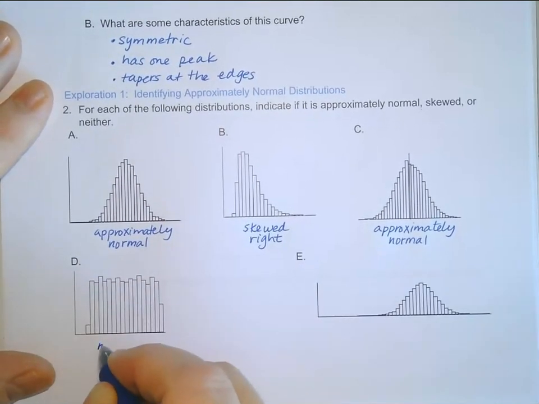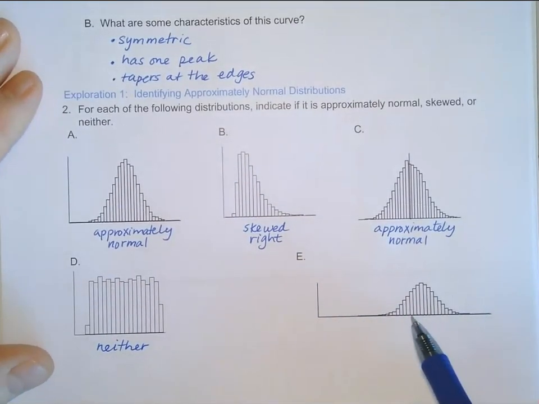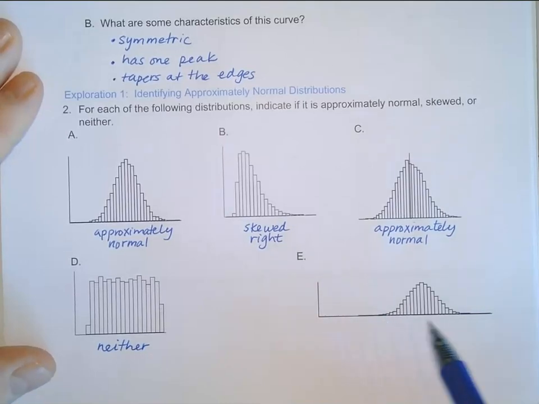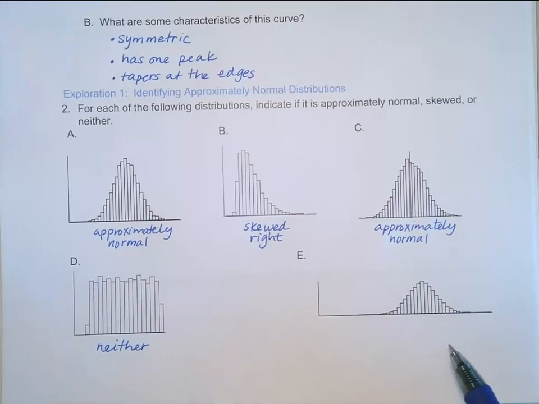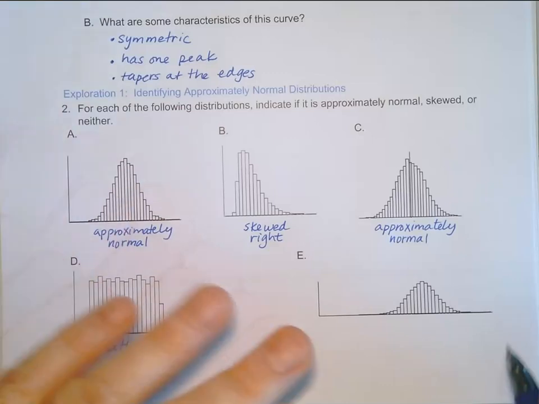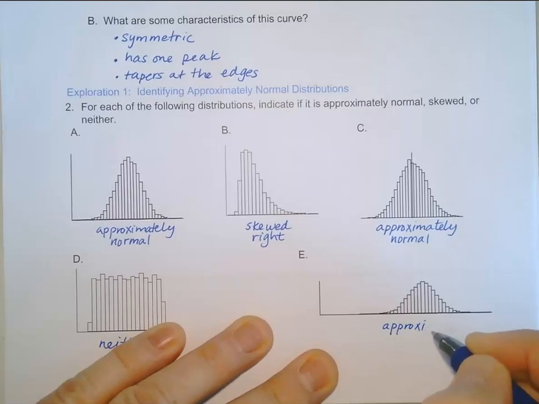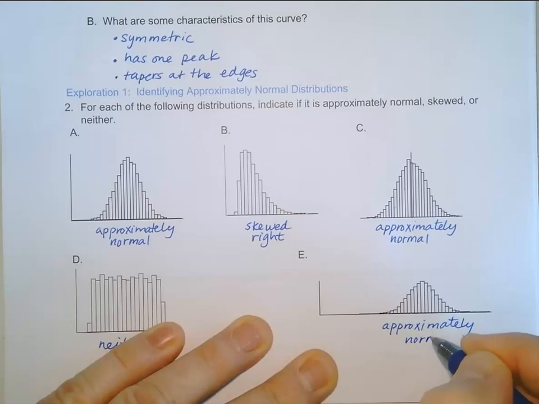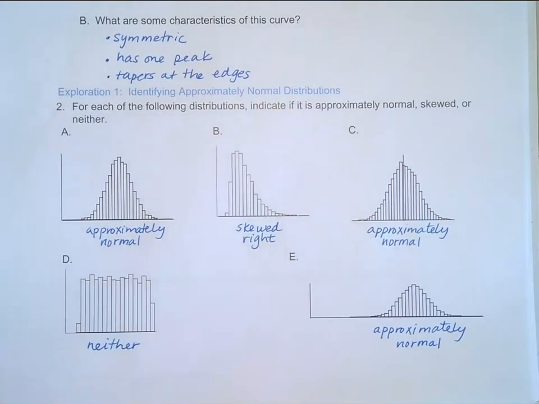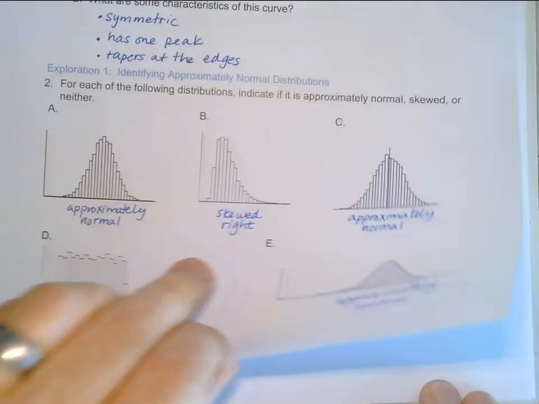So here, neither. All right, and then finally E, they have this huge grid line, and this little itty bitty graph on there. What does this one look like? Yeah, I'd say approximately normal. Are we good with that? All right, let's move on to the next one.